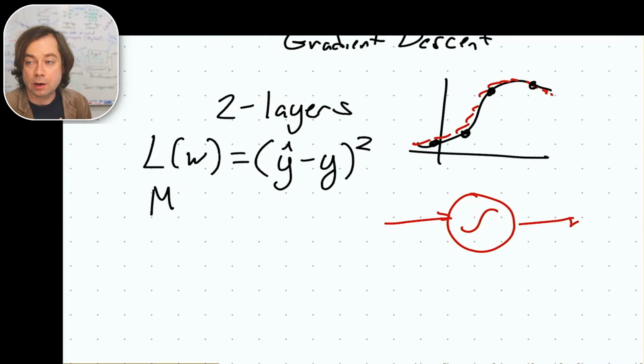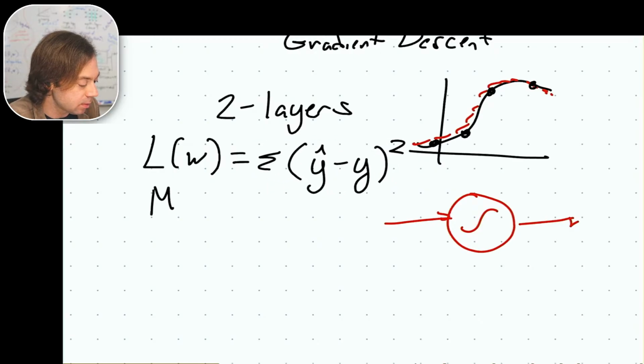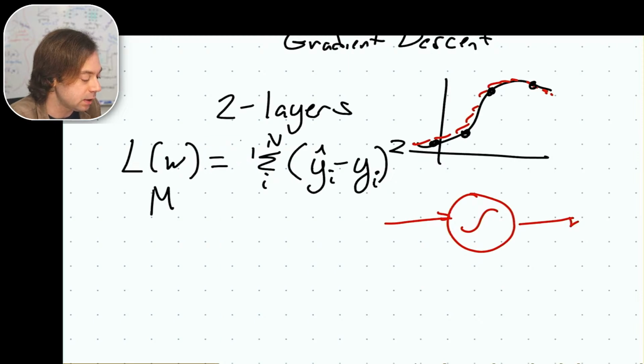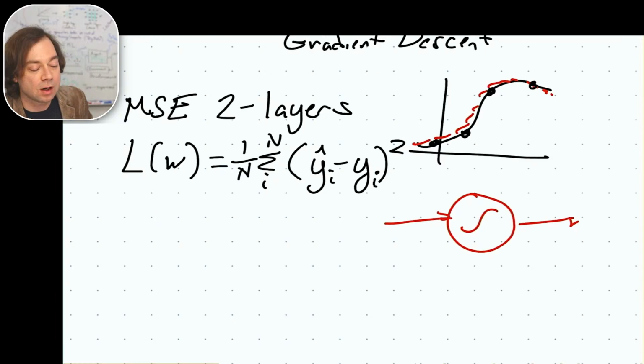So we need to sum them up across i through n data points, and then we divide by n. Apologies for the nonlinear math here. One over n, right? That's MSE, and that will give you your cost J.